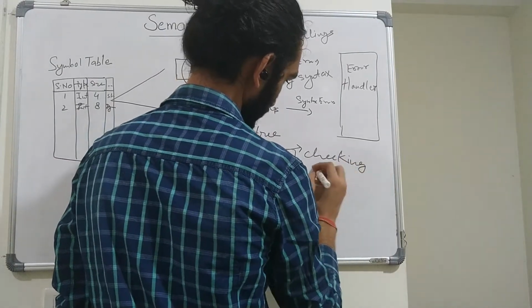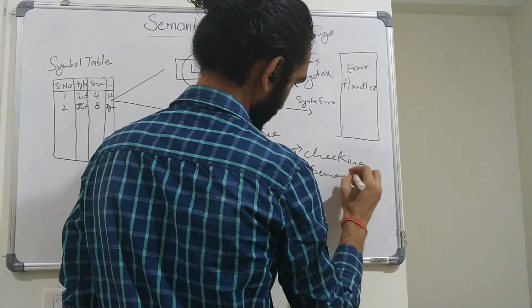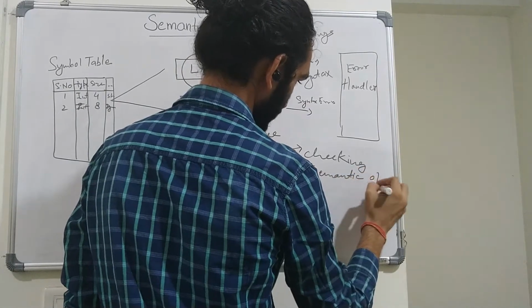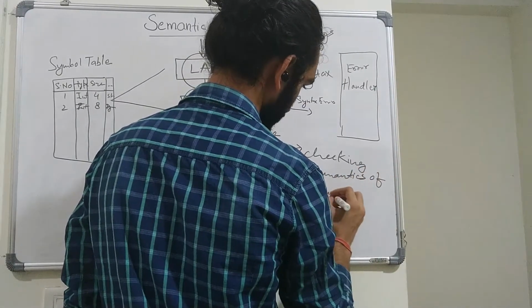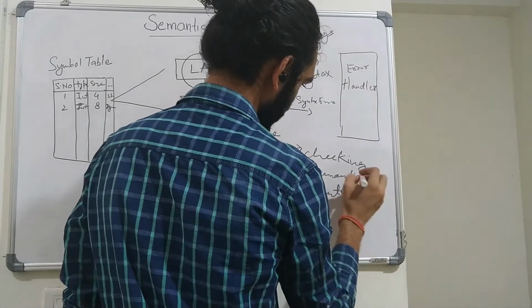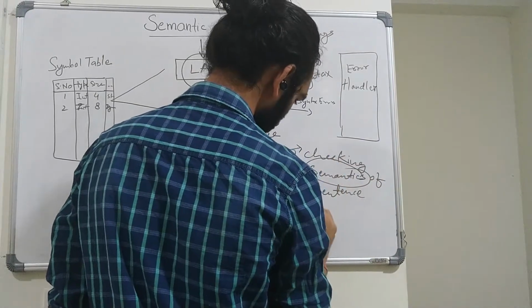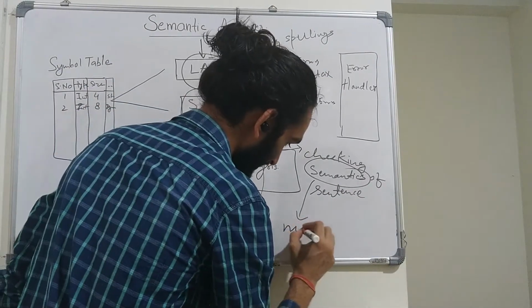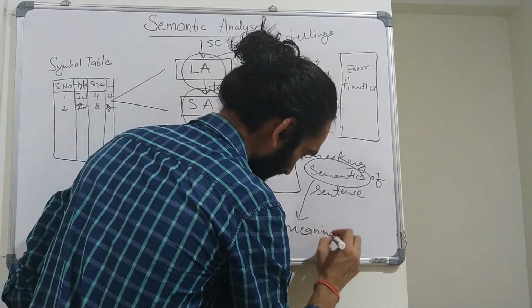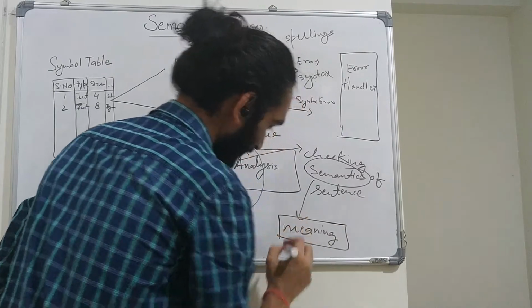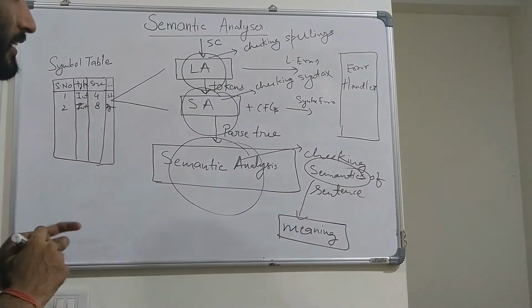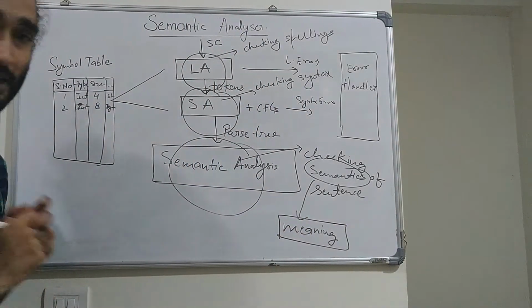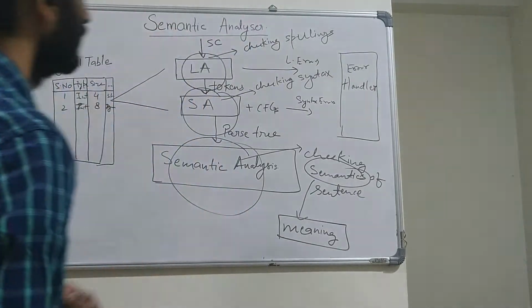Now, what does semantics mean? Semantics' literal meaning is meaning. So we are going to check whether any given sentence has any meaning or not, or it is just a meaningless sentence.